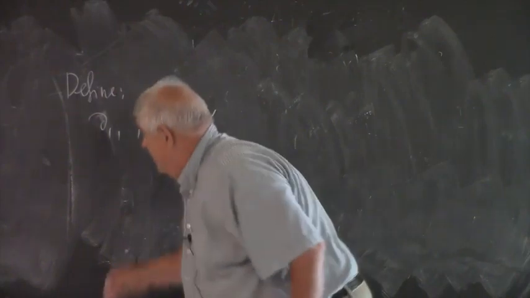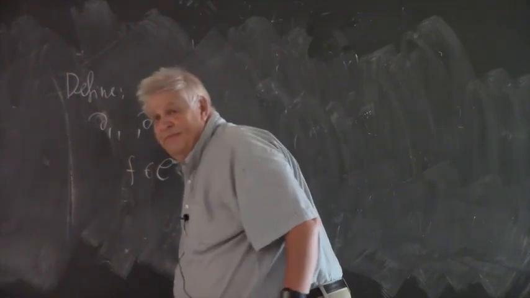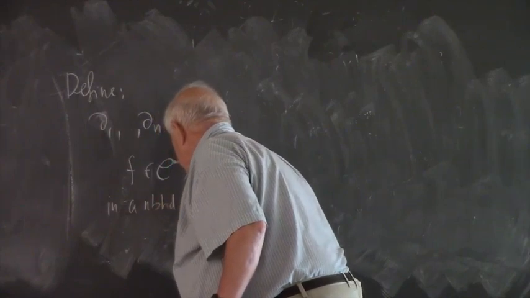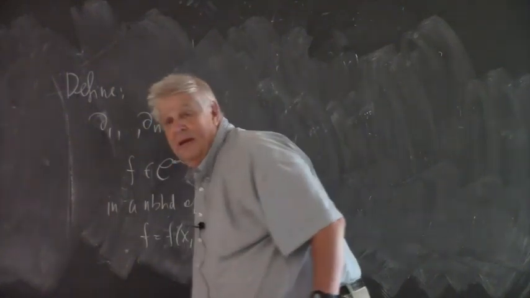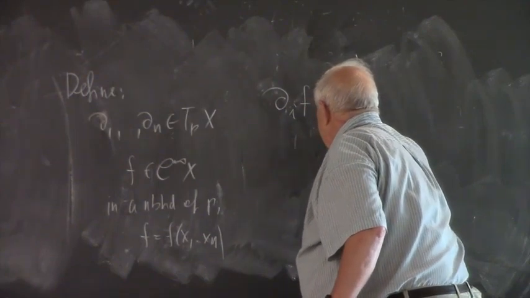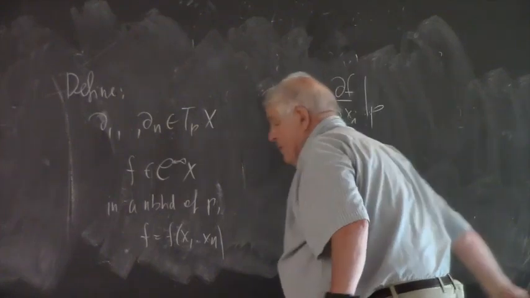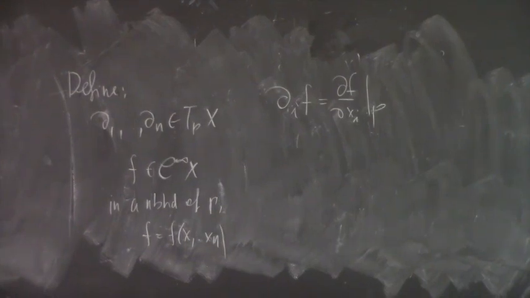These are your favorite partial derivatives. So if f belongs to C infinity of X, then in the neighborhood of P, f is a function of n variables x1, ..., xn, and I define di f to be the value of this partial derivative at the point P. All okay. The famous properties of partial derivatives show that this is a tangent vector.